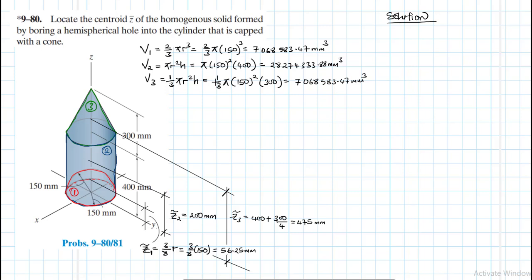The other one was 2 divided by 3 times pi times 150 cubed. We have the same answer. I'm talking about volume 1 and volume 3. They are the same, right? Okay, I think so. That should be fine. Okay, I get it. It's okay because of the 2 there. Alright, so they have the same volume.